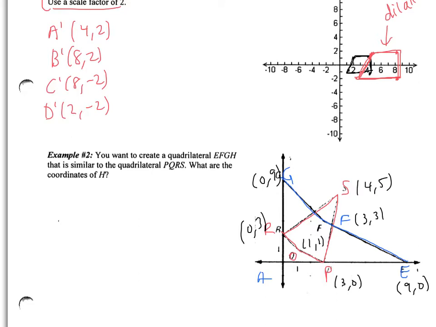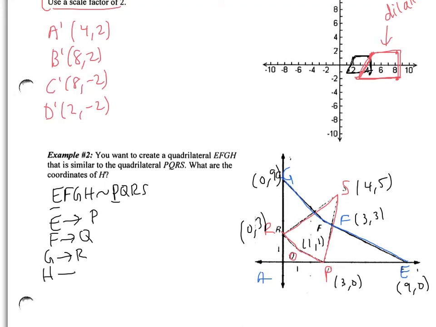Based on the problem, we know that we want E, F, G, H to be similar to P, Q, R, S. Because this is a dilation, you know that point E was taken to point P, F went to Q, G went to R, and H went to S. So our point E is 9, 0.